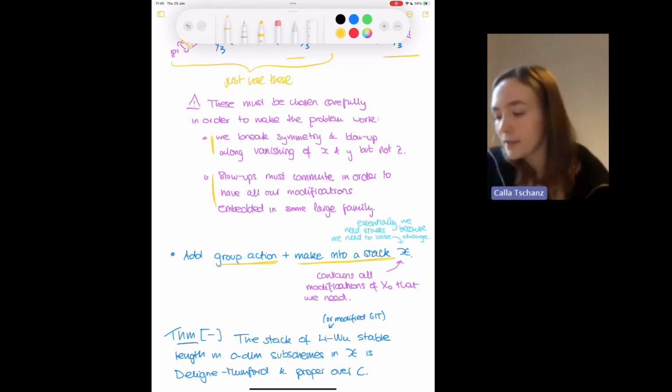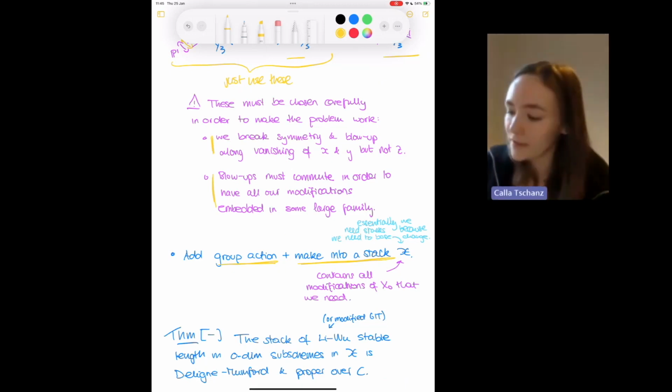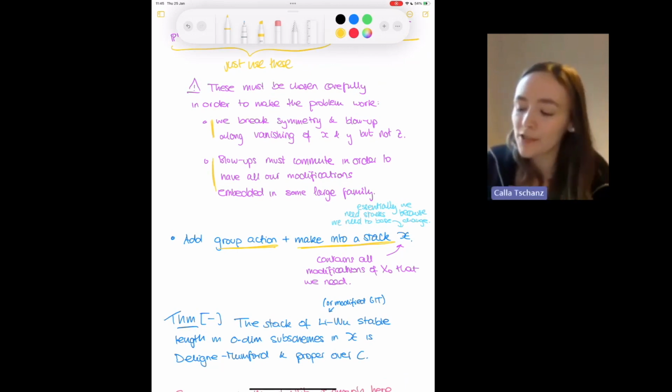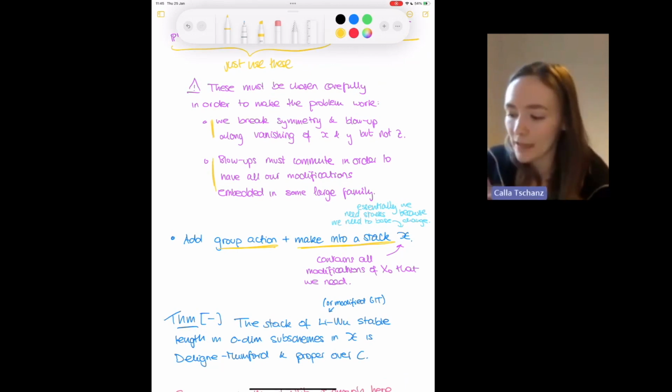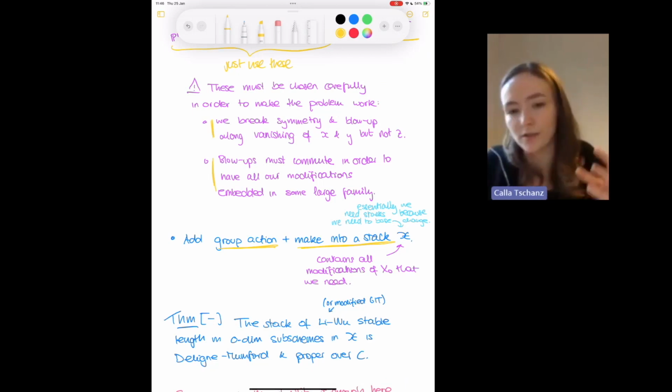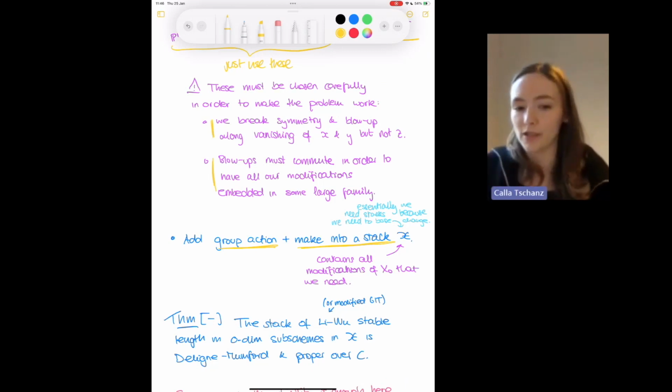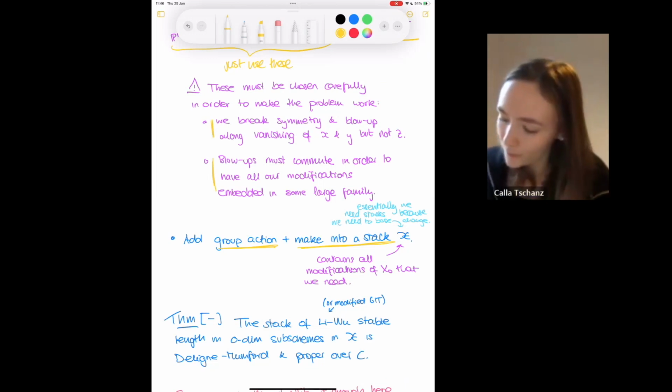I won't go into details of why, but the stack setup has to do with the need to do base changes. In order to represent these limits, I need to allow myself to make base changes to change the height of the triangle and the cone. So I need to be talking in the stack setting and not in the scheme setting.